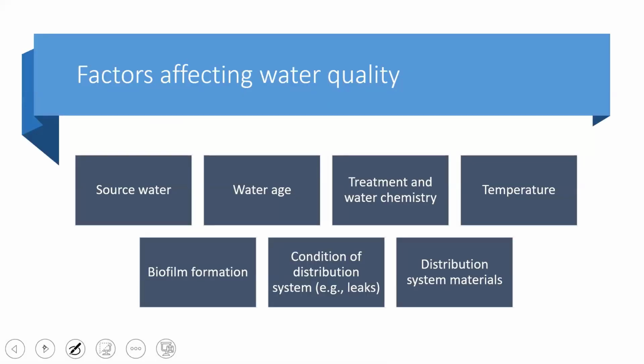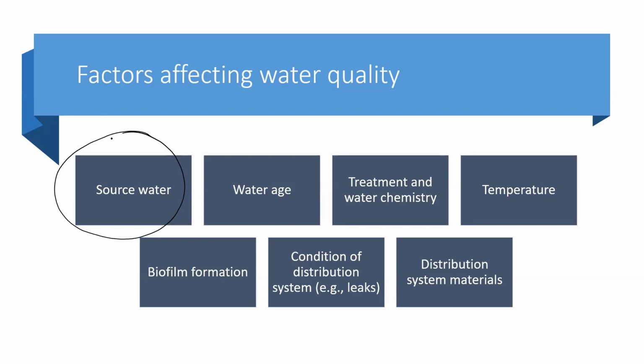So when we're thinking about water quality, we need to think about what are the factors that affect water quality. And I've listed a number here. So for example, if we're looking at source water, we can talk about fresh water. We can talk about seawater and desalinate. We can talk about water that is soft, so groundwater.